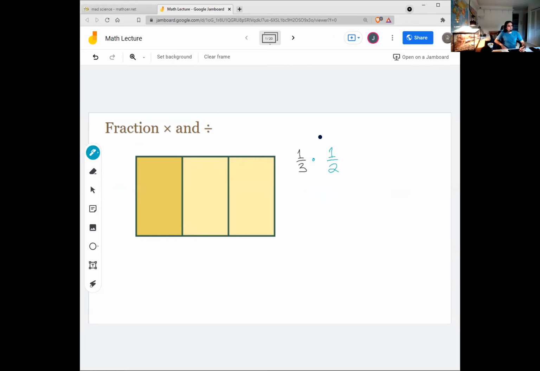You might have heard that multiplying I can usually replace with the word of. So it's 1/3 of 1/2 or 1/2 of 1/3. I have my 1/3 already, that's this one here. I want to take half of that. How would I draw that on the picture?